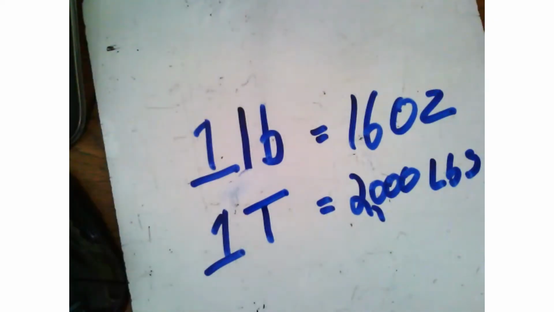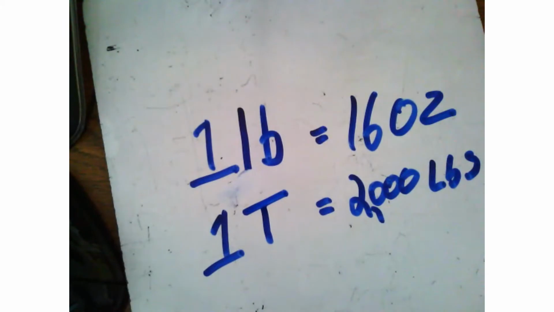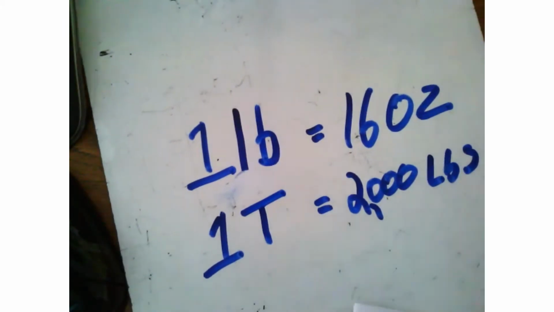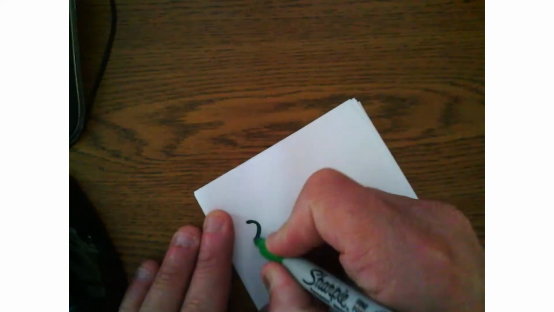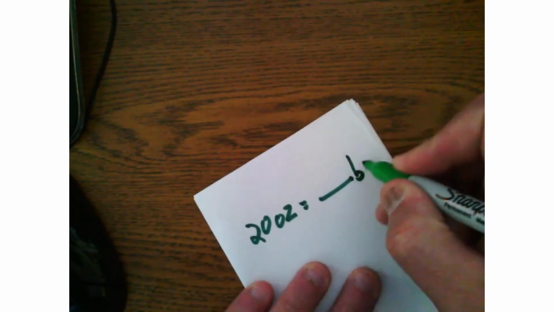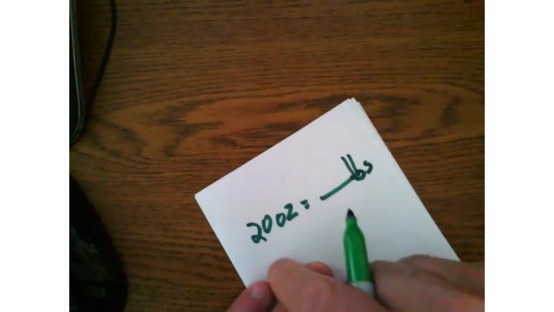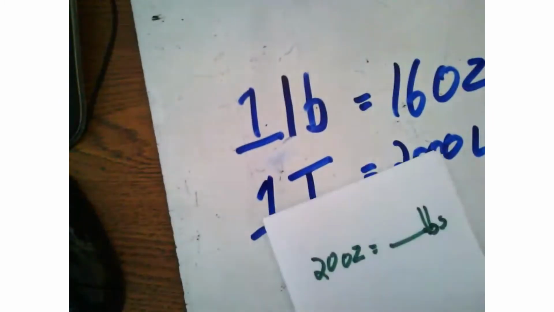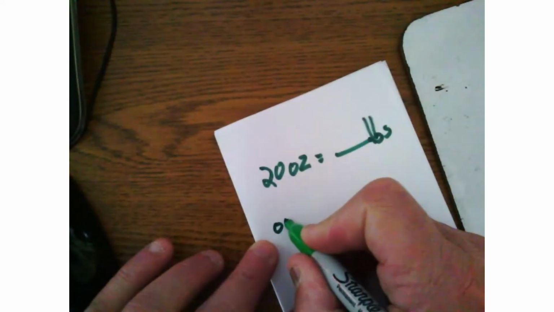With this, you'll be able to do all the conversions that you need to do on this particular homework. Just like we were practicing with other units of standard measurement, we're going to use this to make equivalent fractions. Let's pretend we have to do 20 ounces equals how many pounds. So what you're going to do is set up a ratio. They want ounces to pounds, so I'm going to set this one up here, ounces to pounds.